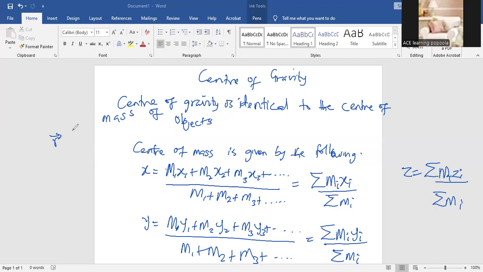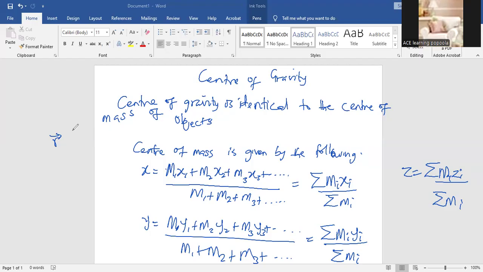X, Y, Z are components of position vector R. A position in space has three components, X, Y, and Z coordinates. So this position vector R can be represented by these components.